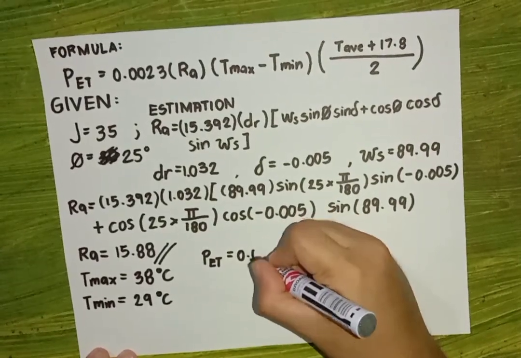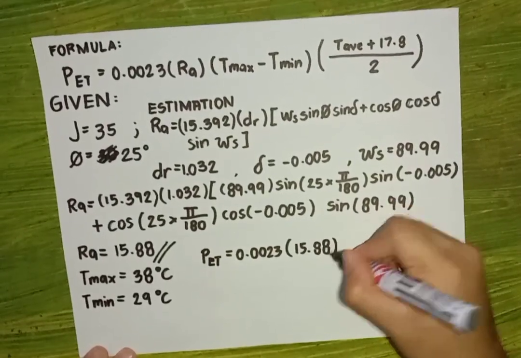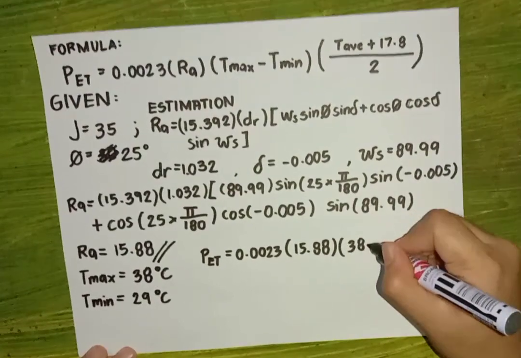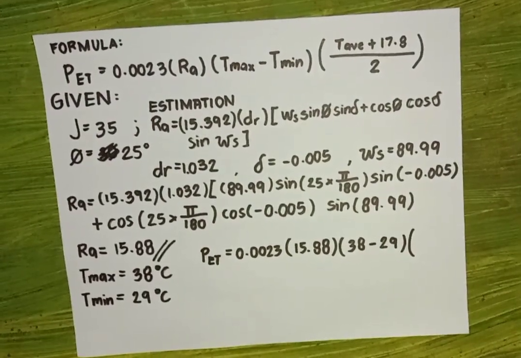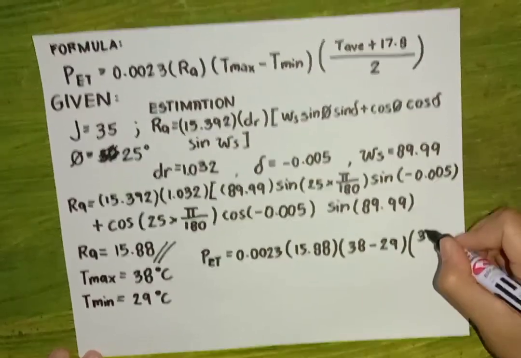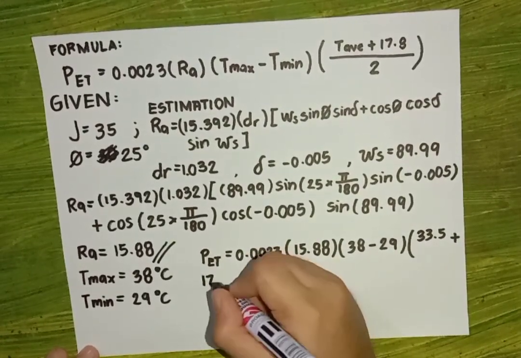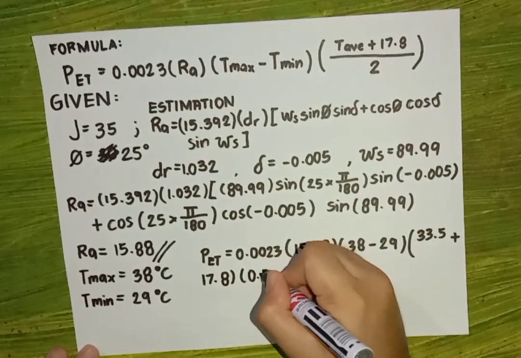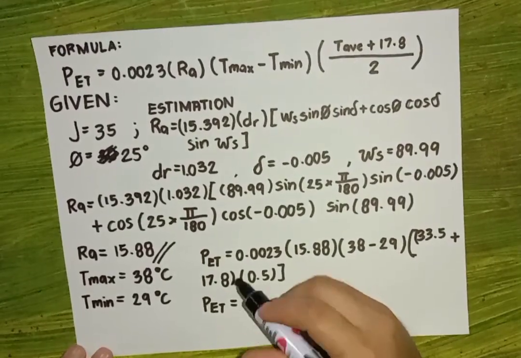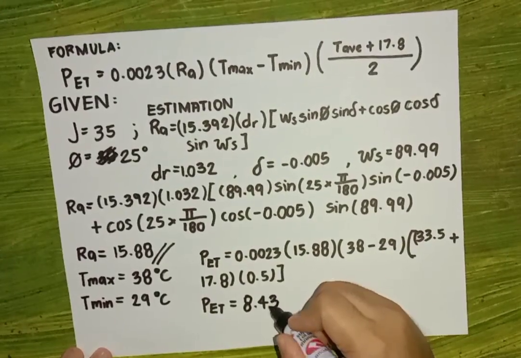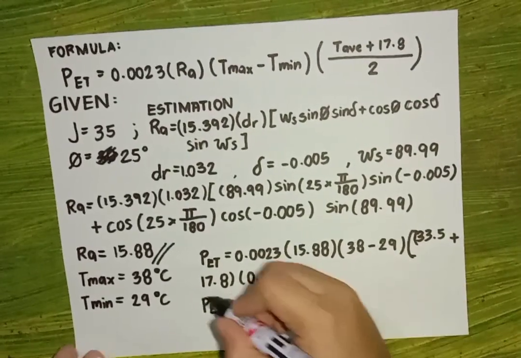So for our potential evapotranspiration, given 0.0023 times 15.88, which is our R sub A, times 38 minus 29 times 33.5 plus 17.8 times 0.5, our potential evapotranspiration is 8.43 millimeter per day.